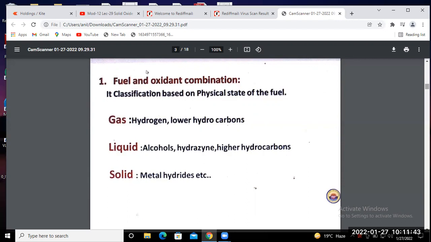For liquid, we concern higher carbon hydrocarbons, alcohol, and hydrogen. So these are the physical states of the fuel. Next one, we try to see here.